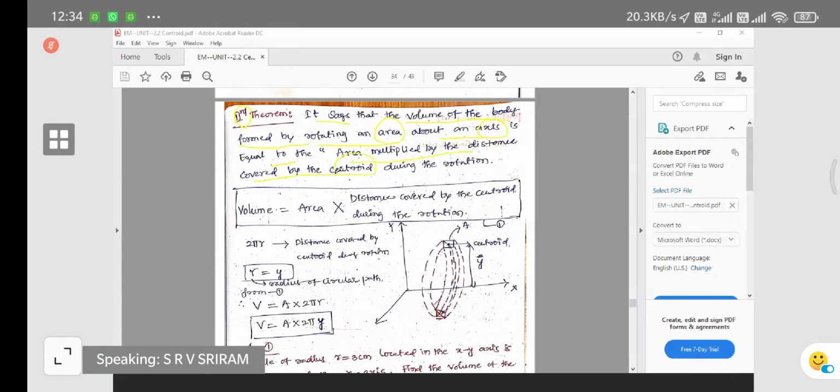So how much distance the particular two-dimensional element is going to cover during the rotation of the object. During the rotation of the object is very, very important. Now, volume is equal to, mathematically, we have the formula of area into distance covered by the centroid during the rotation.